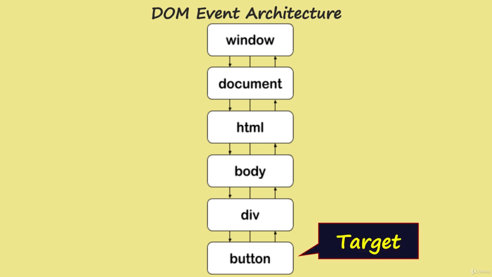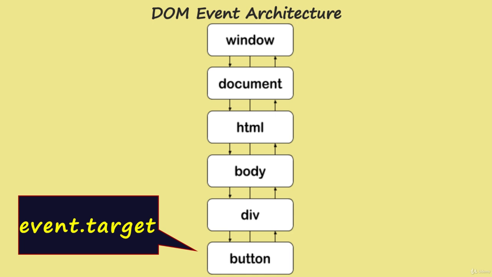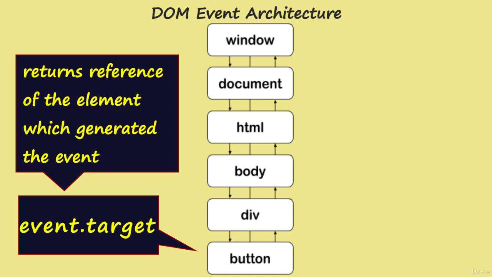Here, the button which is raising the event is called the target. The event object has a property with the same name, that is event.target, which returns the reference of the element which generated the event, or in other words, which dispatched the event object.